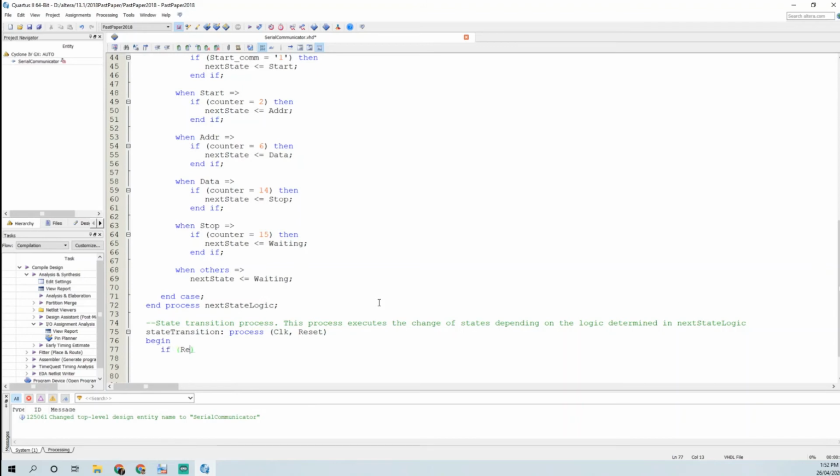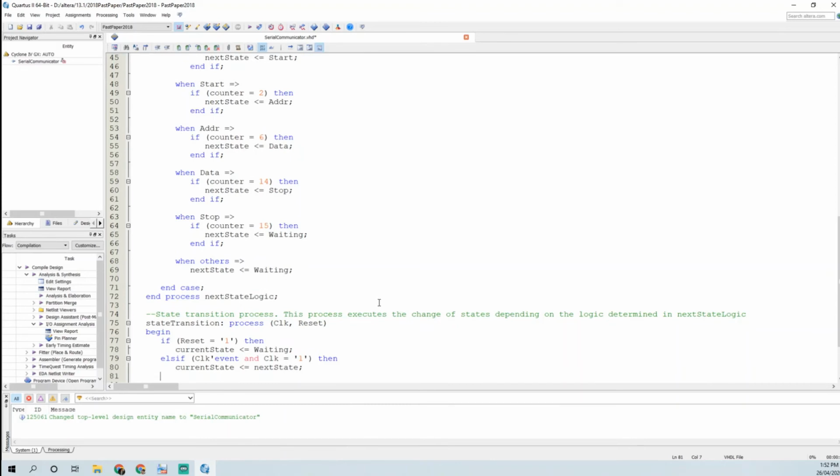So the first thing I want to check is if my reset is equal to 1, then my current state signal is going to be assigned my initial state. Then I'm going to check to see if I'm at a rising clock edge. Then my current state is equal to my next state.